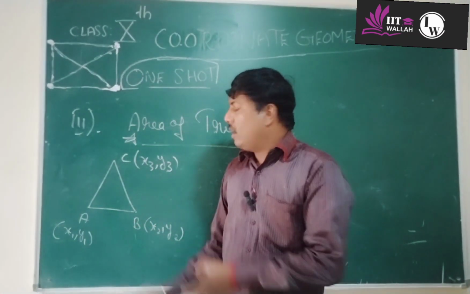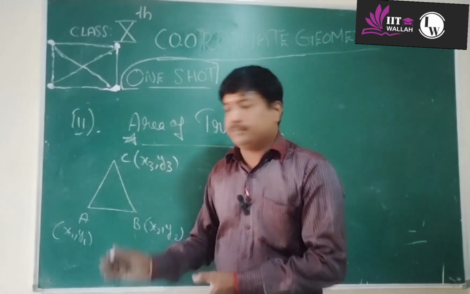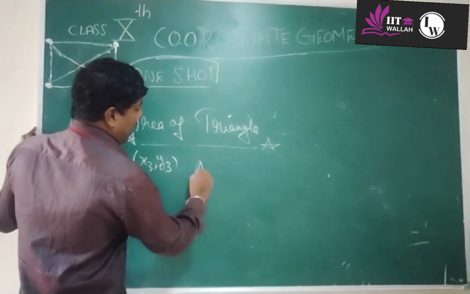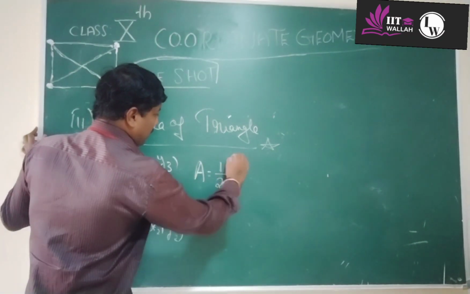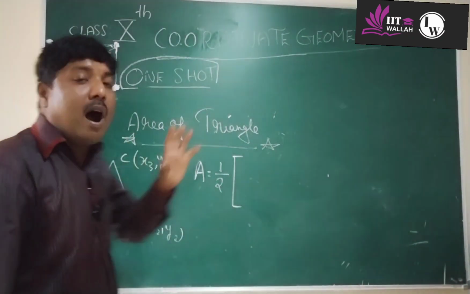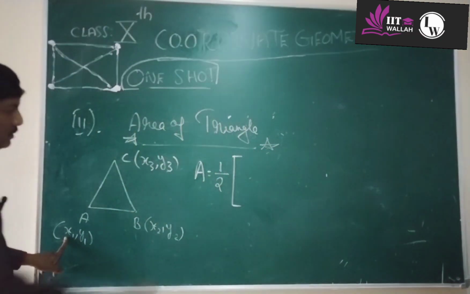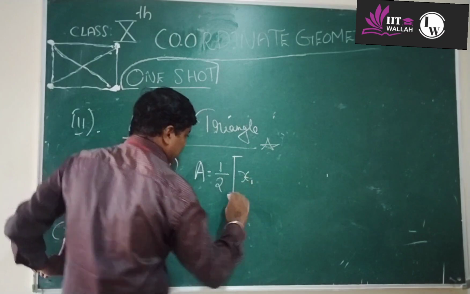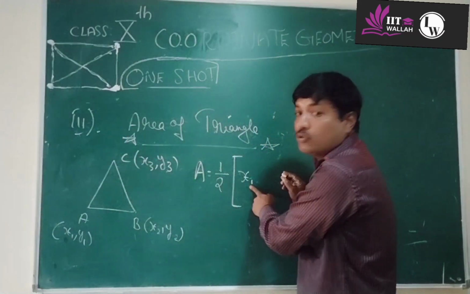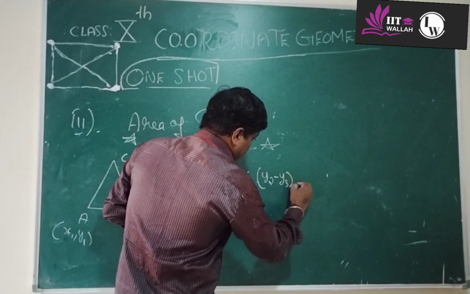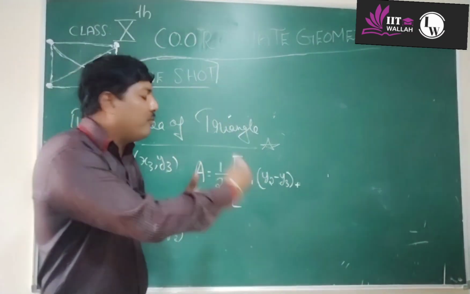Only you need to keep the formula in mind. So the formula is area A is equal to half into. I'll teach you how you can remember this. First we are starting from x1. So half into x1, and after 1, 2 is coming, so y2 minus y3. You need to understand the rhythm of the formula.